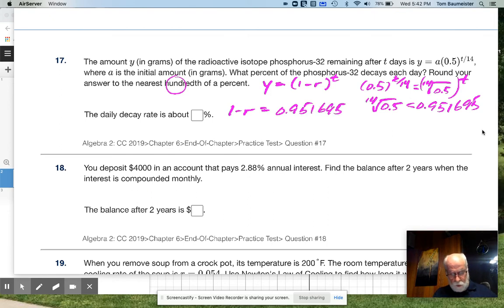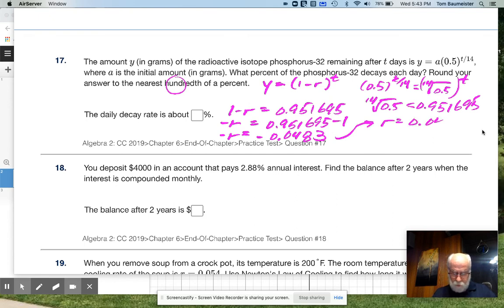Okay, so again, to get, I'm going to have negative R is equal to 0.951695 minus 1, or I'll get negative R is equal to negative 0.0483. And again, since they're both negative, then I can say that R is equal to 0.0483.